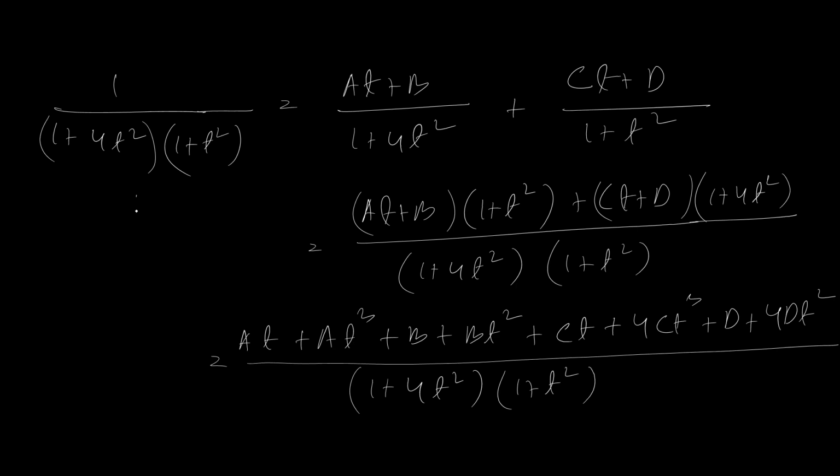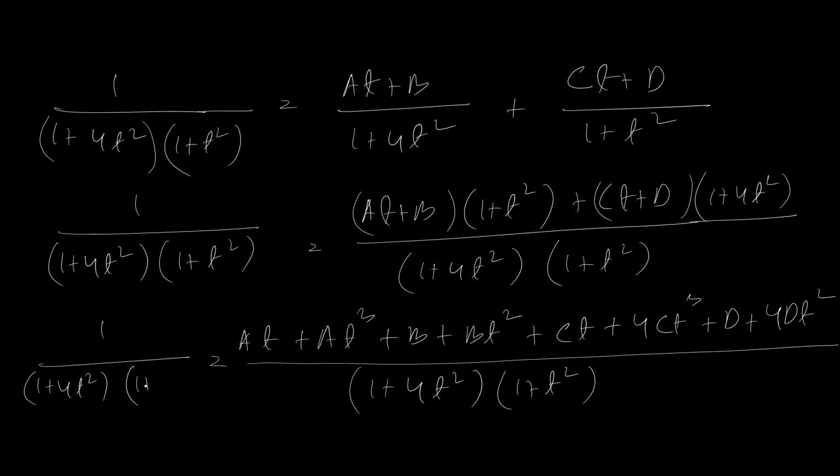On the left is 1 by 1 plus 4t square into 1 plus t square, so the denominator will cancel out.